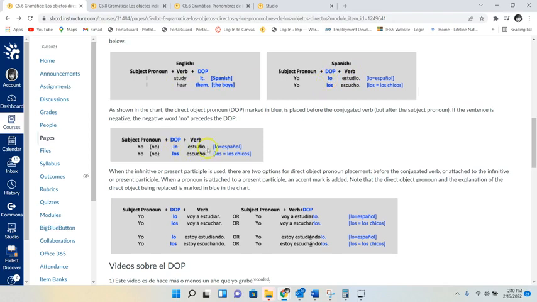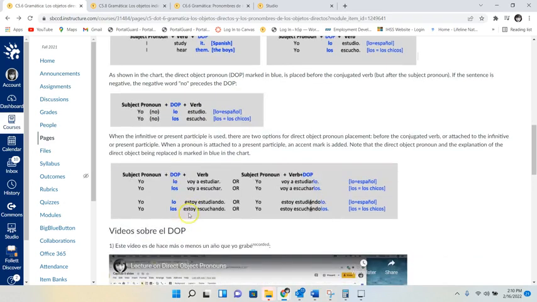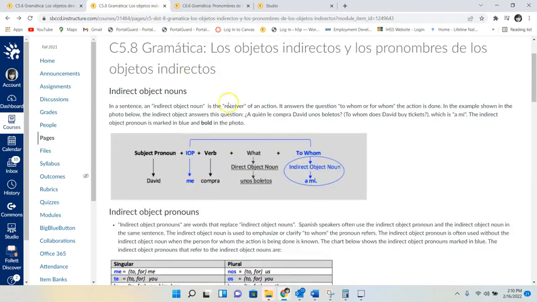And if it's no, you put it in front again of the conjugated verb, after the no. And when you have two verbs, you can put it either in front of both verbs or at the end of both verbs. I'll go over this in a minute when I get into the double object pronouns.